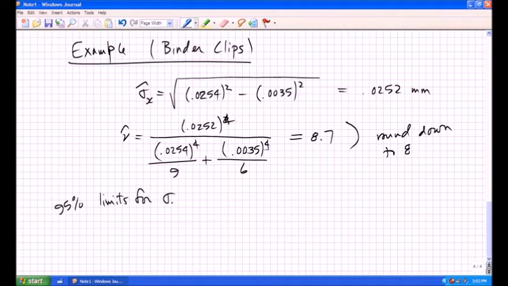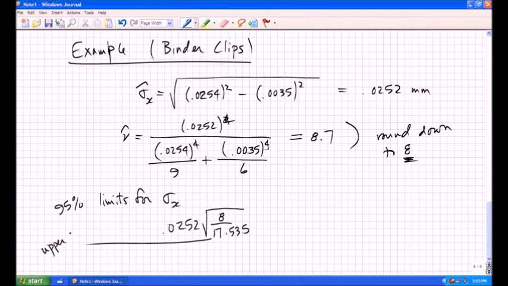for this process standard deviation as follows. I'll take the 0.0252 and I'll multiply by the square root of 8, this number over here, over an upper chi-square percentage point. So I want the upper 2.5% point of chi-square 8.